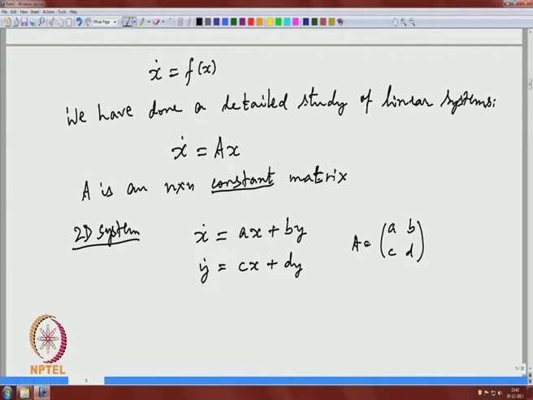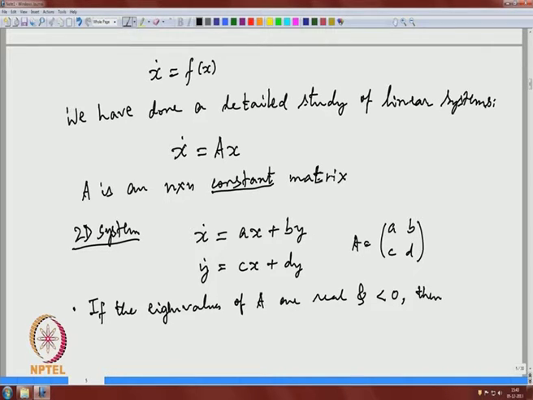So, let me just recall that. If the eigenvalues of A are real and negative, less than 0, then recall for this linear system 0 is an equilibrium point. When the determinant is not 0, 0 is the only equilibrium point.